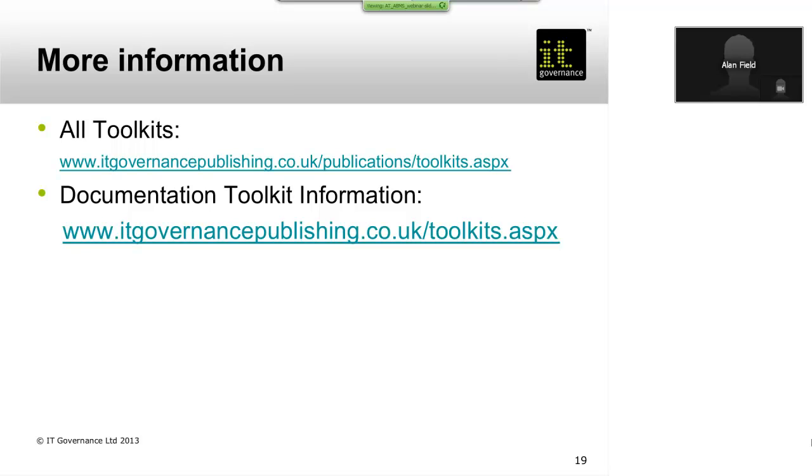So, more information. For all toolkits, of course, you can go to the IT Governance website, and also documentation toolkit information. You can see this here, and also it's likely that there'll be some other publications on the Anti-Bribery Management Standard coming over the next year or so.